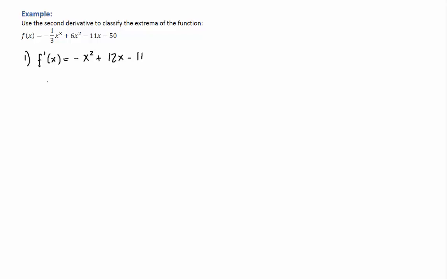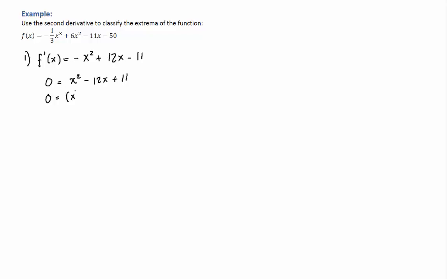Let's do that down here. So let's say 0 equals x squared minus 12x plus 11, and I'm going to change the signs. Basically what I'm doing there is multiplying times negative 1. The reason why I do that is because I prefer to factor things in this form where the leading coefficient is positive, but that's just a matter of personal taste. You could have factored this expression right here.